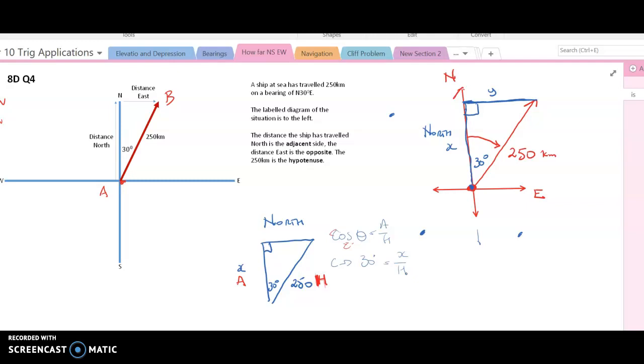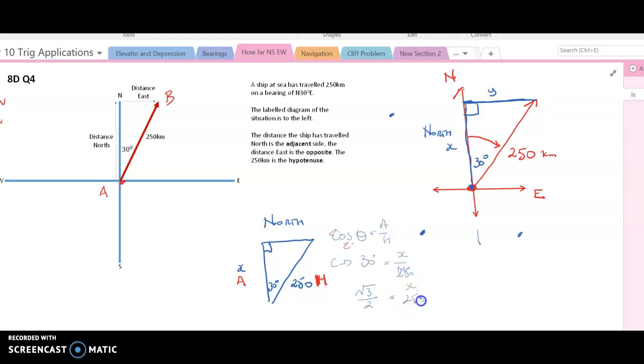Now here is where you will need to know your ratios for sine, cos and tan for 30, 45 and 60 degrees. So cos 30 degrees, remember, is root 3 on 2. That's equal to x on, sorry, that should have been 250.